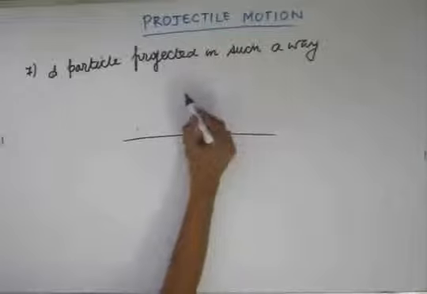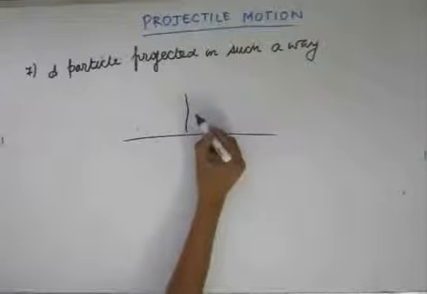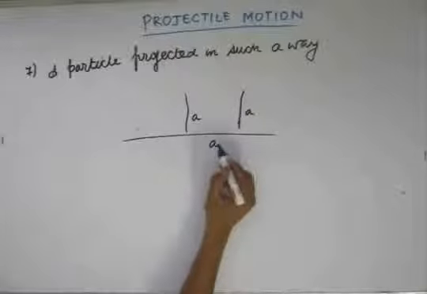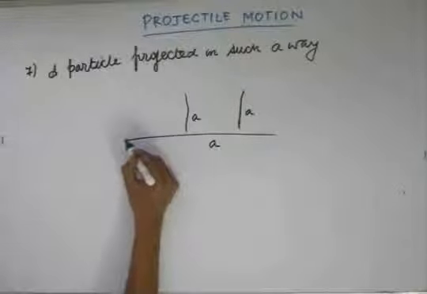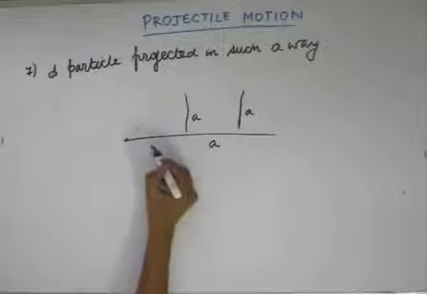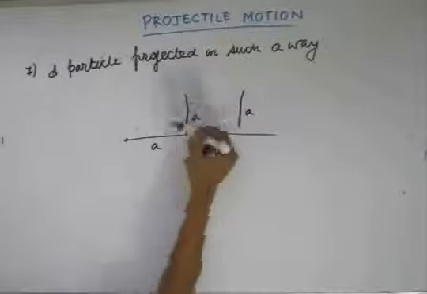So from the figure it's mentioned that the walls are of height a and the separation between the walls is also a. Okay, and the point of projection of the particle is a from this first wall.